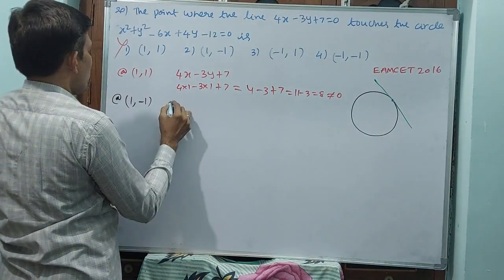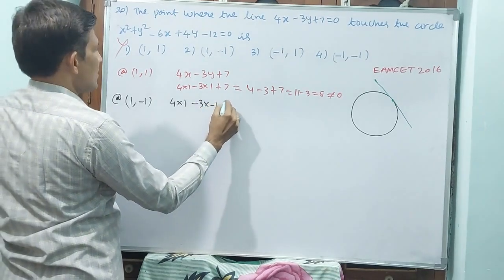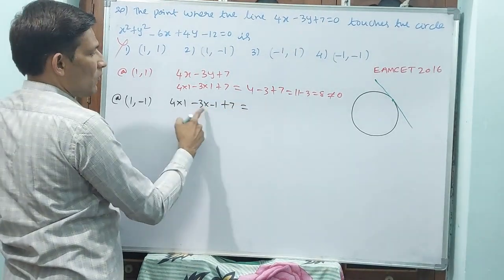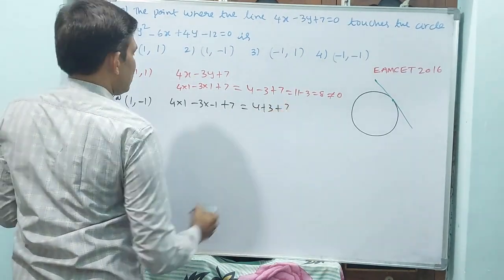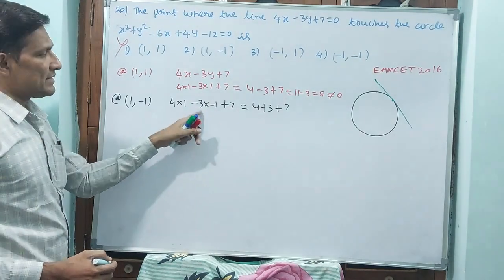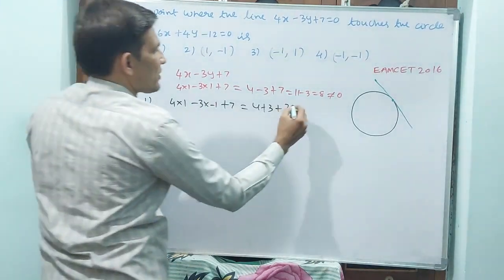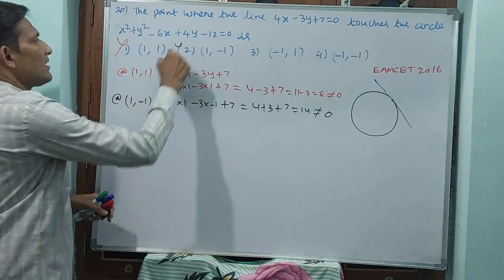You see, 4 into 1 minus 3 into minus 1 plus 7. That is equal to 4 plus 3 plus 7, that is 7 plus 7, 14. This is also not equal to 0. That is why this point is also not correct.